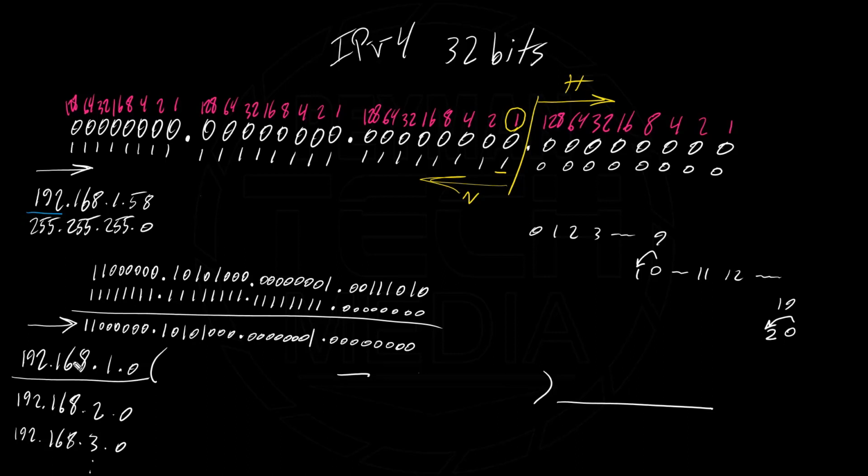Therefore, for this network address 192.168.1.0, the broadcast address, the last IP address for that network, is 192.168.1.255. If we add one IP address to this one, what happens? It's not 256. That's not correct. It turns to 0 and adds to this, so here we can see 2.0.